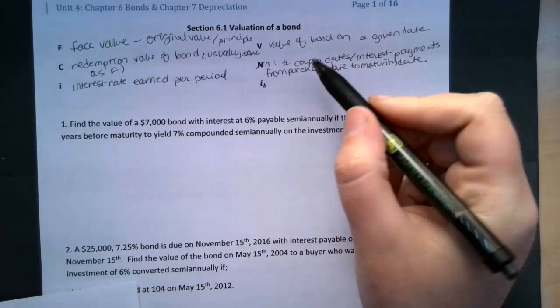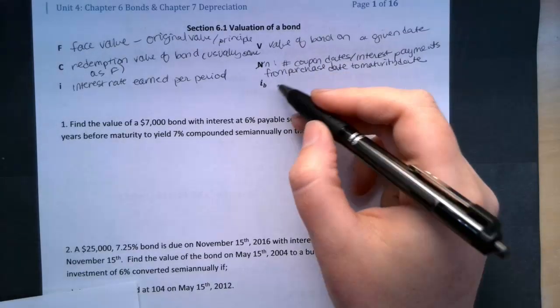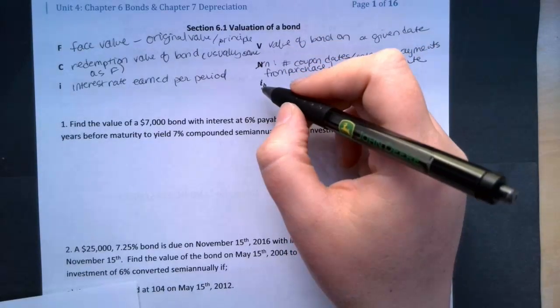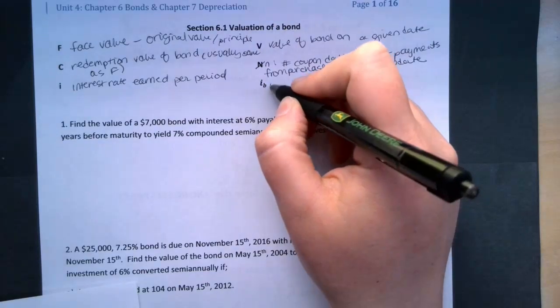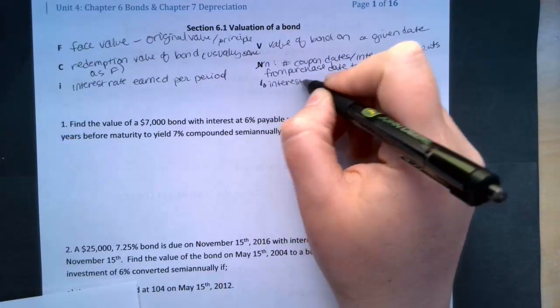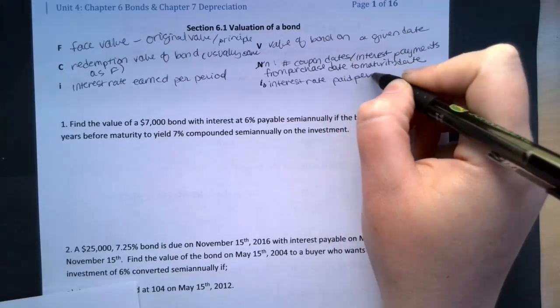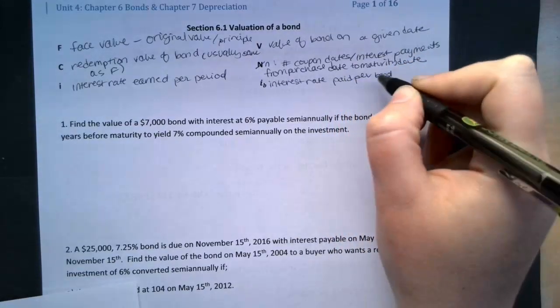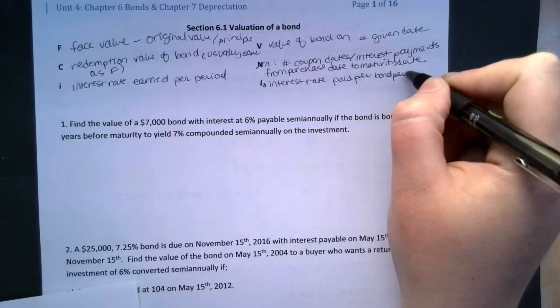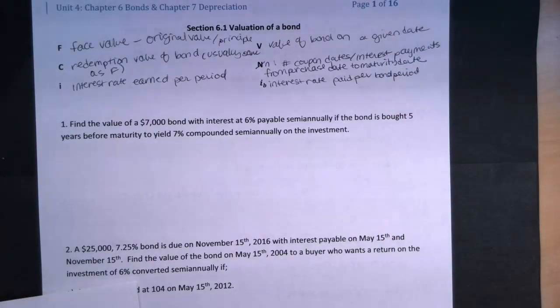So that's how many compoundings we're doing, just like normally. And IB is the interest rate paid per bond period. So that's the bond's interest rate, which is why it's F times IB.